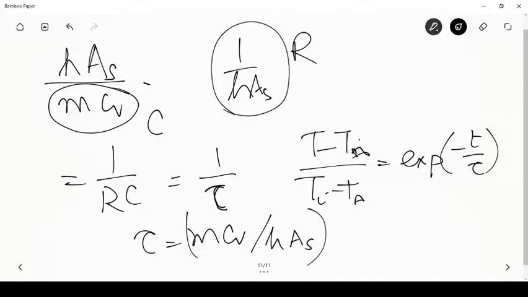So this is your time constant, and using this time constant you can look at it, and if the time constant is large, then basically this is big or this is small or both.